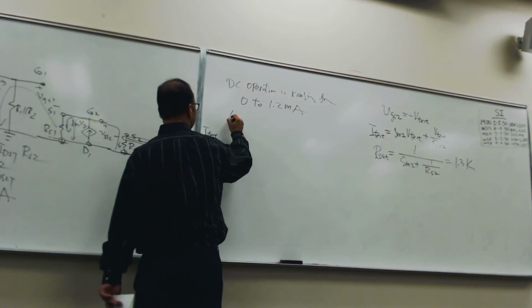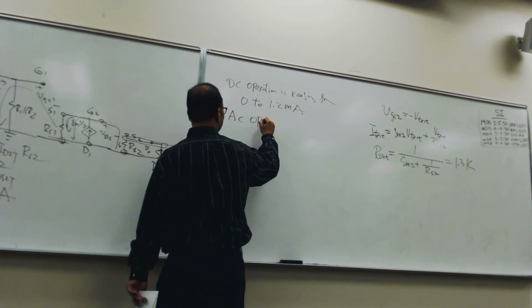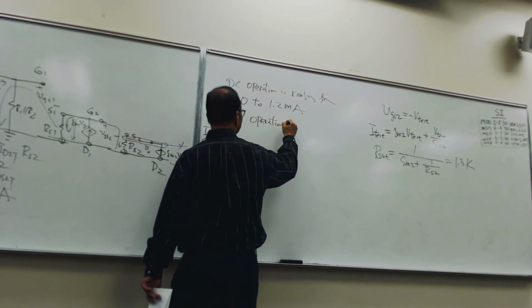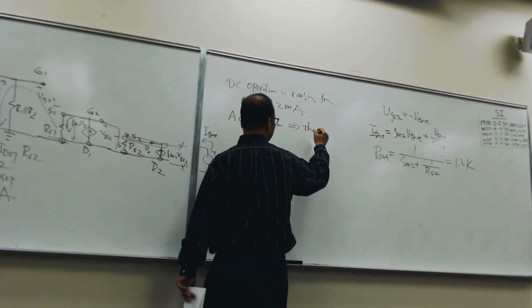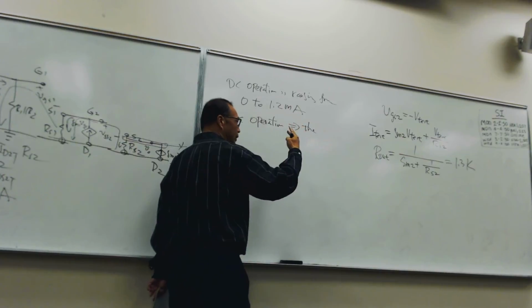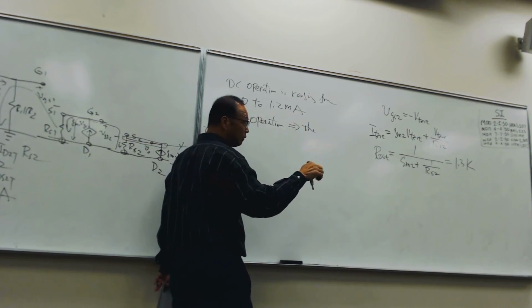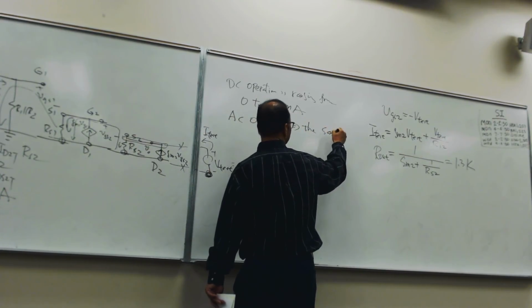And what about for the AC? For the AC operation, well, the same, right? Because in this case, the AC and the DC load lines are the same, so the same as above.